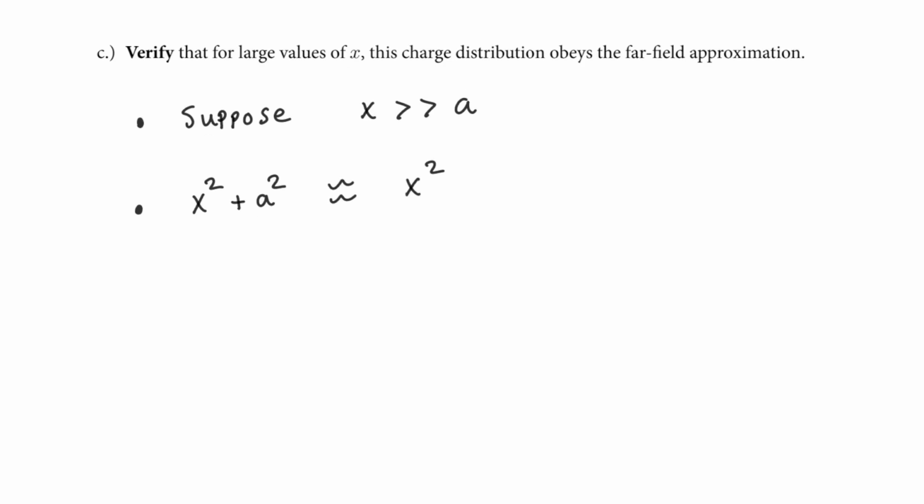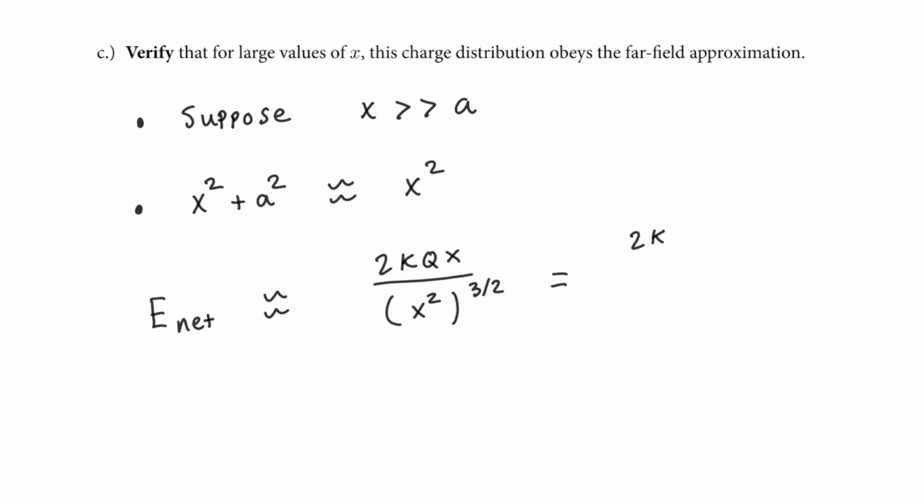Because if x is 1,000,000 and a is 1, 1,000,000 squared plus 1 is basically 1,000,000 squared still. So our net electric field is roughly 2kqx divided by, we said that we can practically ignore that little a term if our x is really large, so I'm really just taking that x to the 3/2 power.